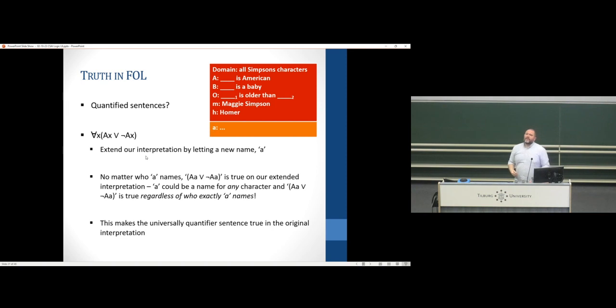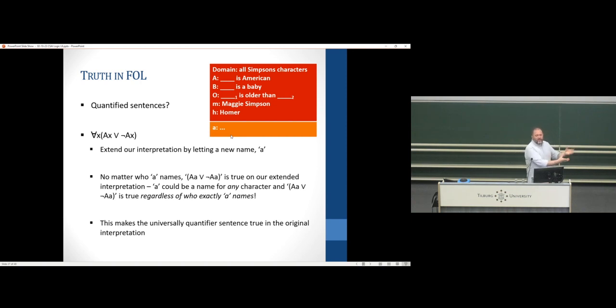The universal is slightly more entertaining. It's the same idea. We have an extension, but this time we add a new name, and we don't say who it stands for. In our extension, our name kind of stands for anyone or everyone. That is, we play a little dirty semantic trick here, and we basically have A as a dummy.